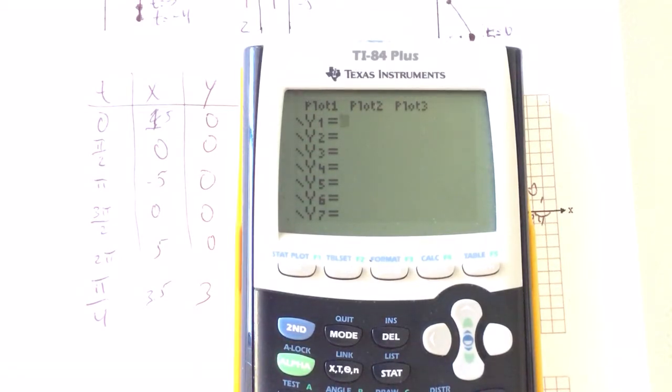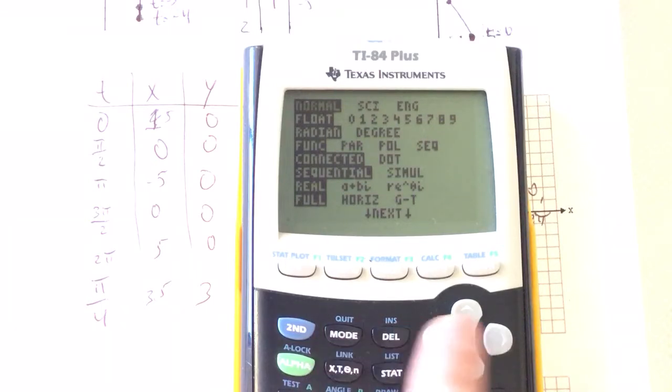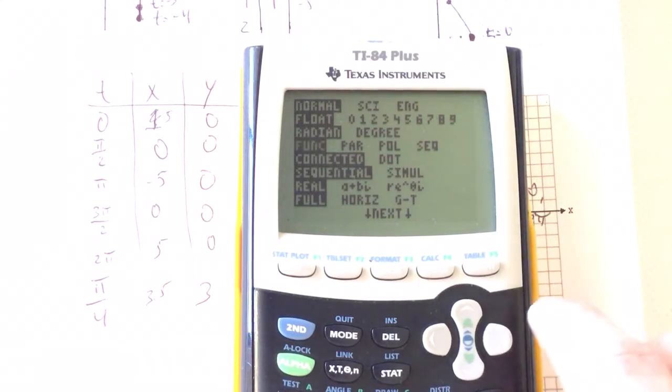We don't want that. Go to mode, where you change from radians to degrees. Number 1, make certain we are in radian mode. Underneath that, you see func, par, pole, sec. Par stands for parametric. Pole stands for polar, sec stands for sequence. Select parametric.